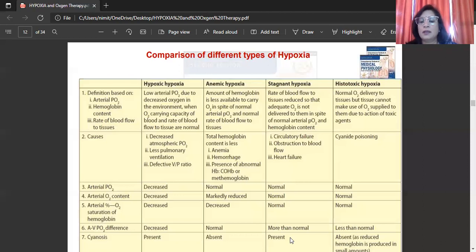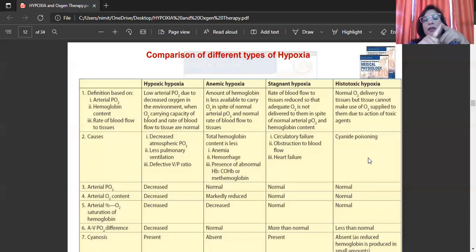In histotoxic hypoxia, it is absent, as reduced hemoglobin is produced only in small amounts. So, to summarize, this table is very important and is a comparison between different types of hypoxia. You have to remember it.